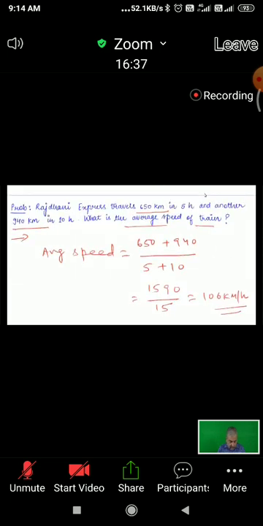You can see. Murari Kumar, your answer is correct. Saurabh Kumar, not correct. Ishita Gupta, not correct.